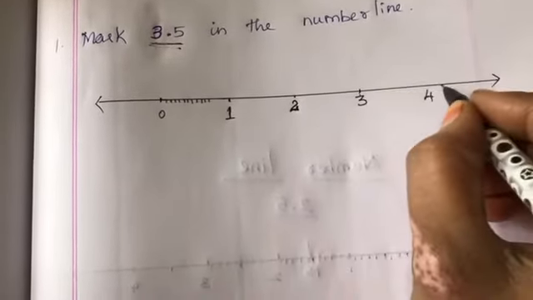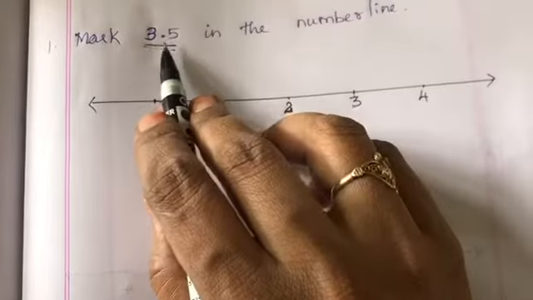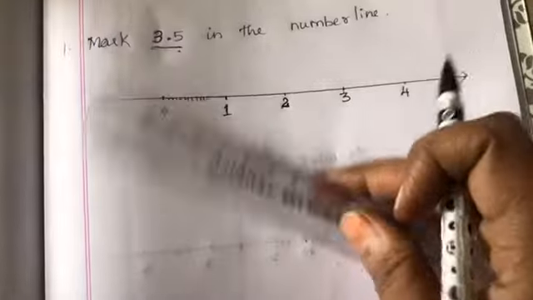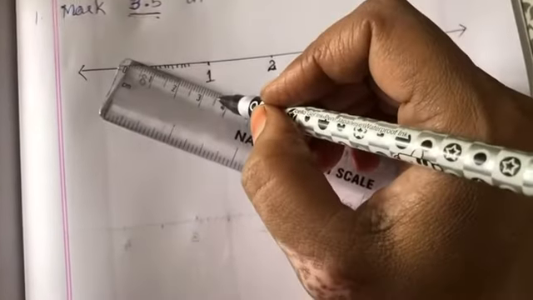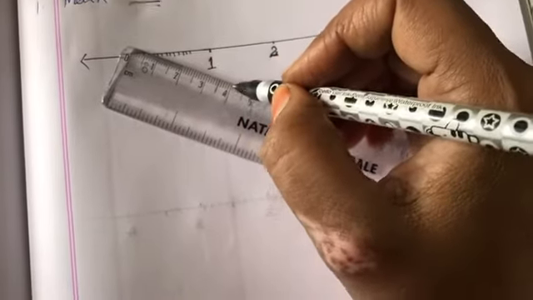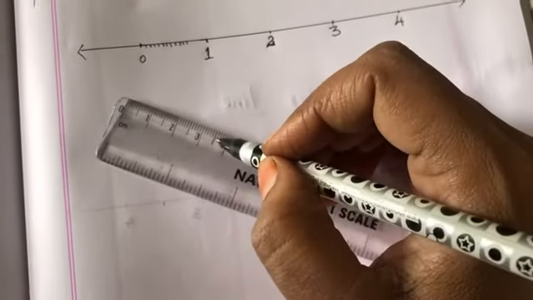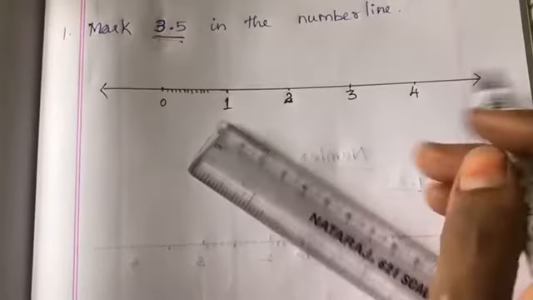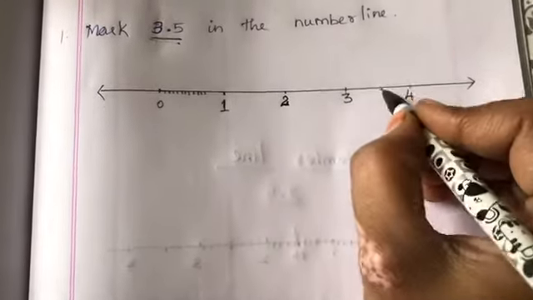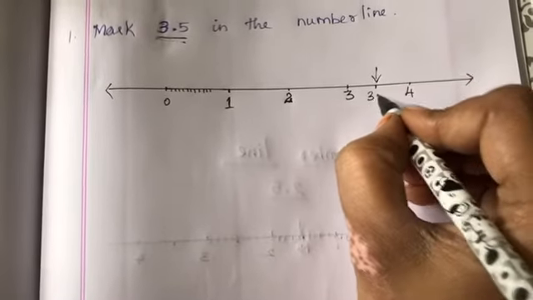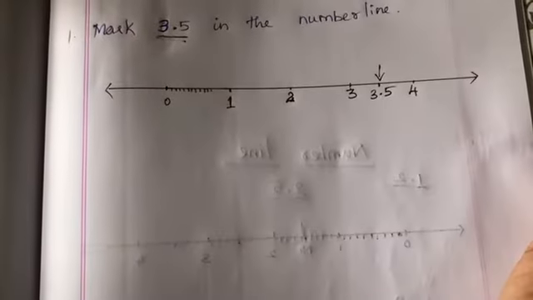So this is 3 and 4. 0.5 means the fifth line. In your scale also you can see, usually the fifth line is a little bit longer when compared to the other lines, right? So the fifth line, the mid line between 3 and 4, you mark this line and write 3.5 in it.